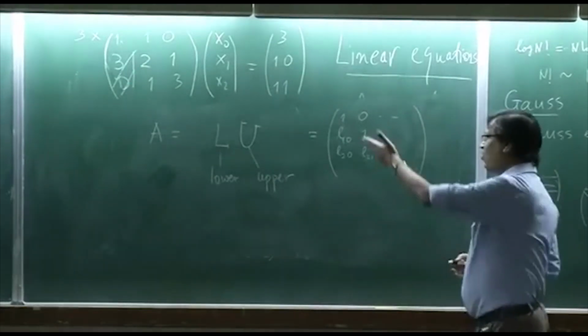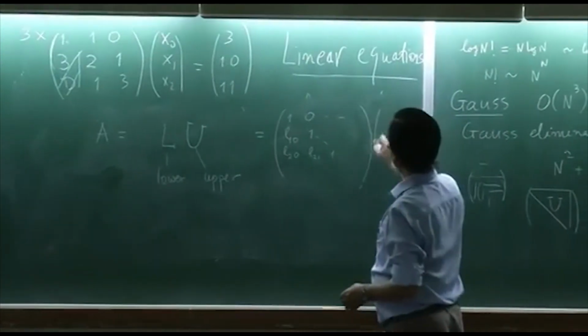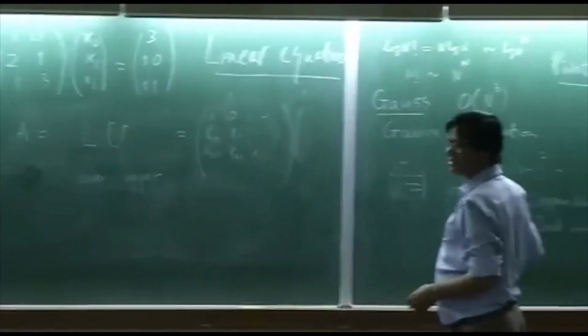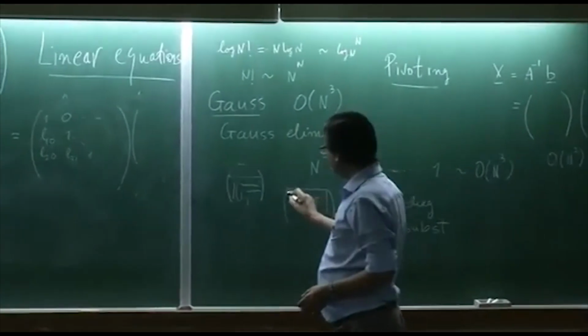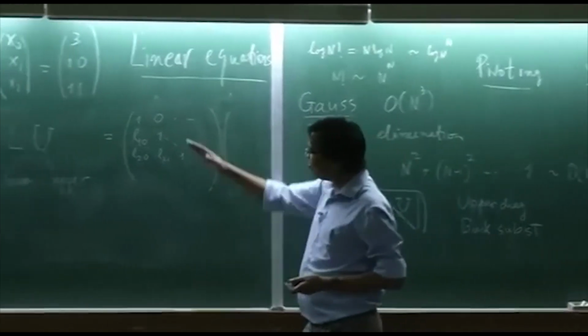But always the diagonal is 1, and the upper diagonal, which I wrote, these are not equal to 1, they could be non-equal to 1. But the lower diagonal matrix always has 1 on the diagonal.